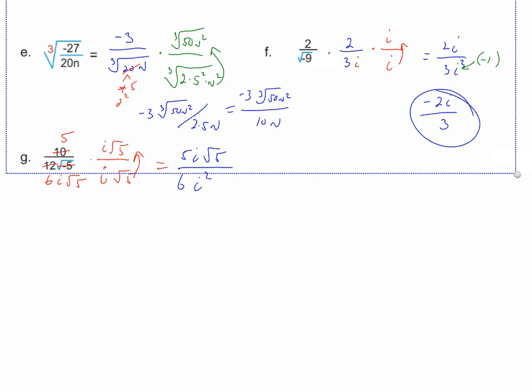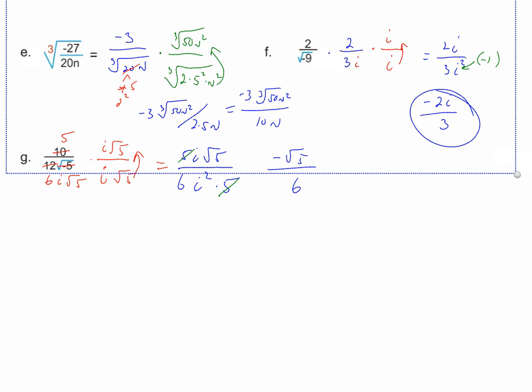Now you have i squared on the bottom, and the square root of 5 times the square root of 5 is 5. So that's what I was talking about. Those 5s divide out, and you got to take care of that i squared, which is a negative 1. Final answer: negative the square root of 5 is the top, right? I put the negative in the top, and the bottom is 6.